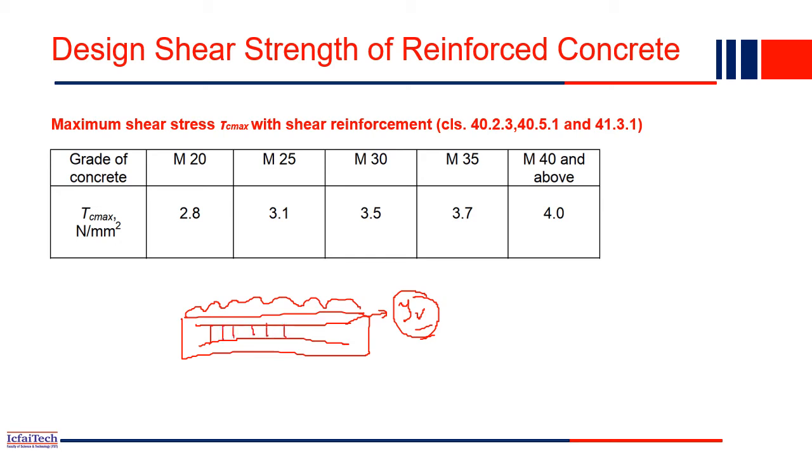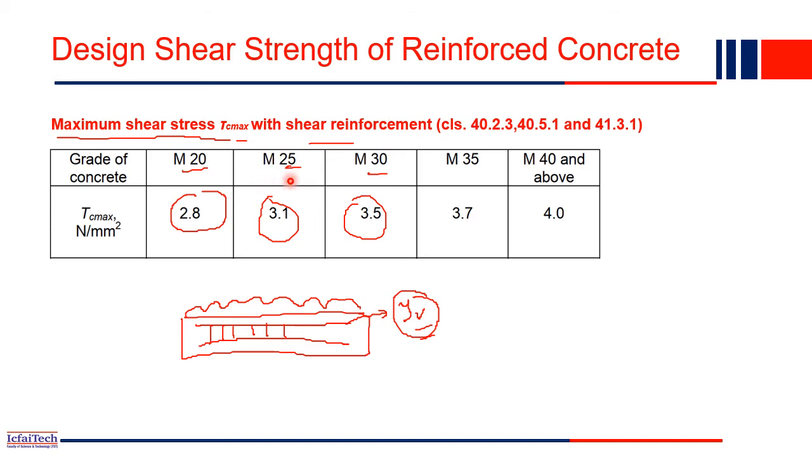But still there is a limitation: the maximum shear stress tau c max with shear reinforcement should not be more than 2.8 for M20, 3.1 for M25, 3.5 for M30. So that also we have to check. Although you can increase the shear strength capacity by adding more stirrups into the beam, for M20 grade of concrete the maximum shear stress along with the shear reinforcement should not be more than 2.8 Newton per mm square.